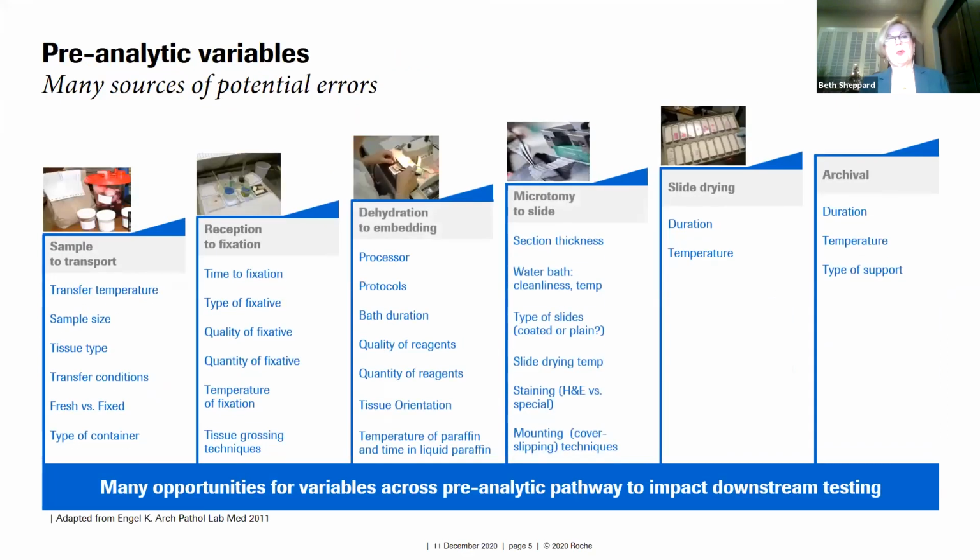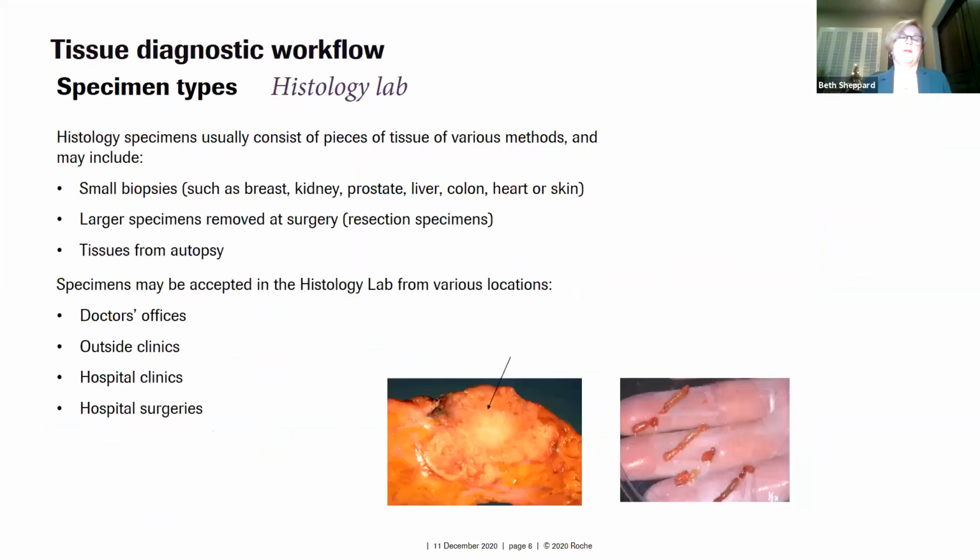So many sources of potential errors: sample transport, reception, fixation, dehydration, microtomy, slide drying, and even archiving, where we see the duration and temperature and even the types of support around the things. But all this is many opportunities for variables across the whole pre-analytic pathway.